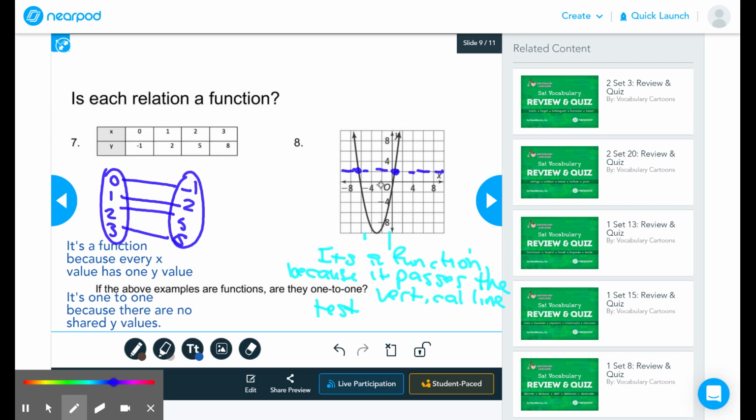They share the same y value of 2 because it's happening horizontally. So this is not 1-to-1. And I ran out of room. So you would just say this is not 1-to-1 because the y values are shared. So something along those lines.